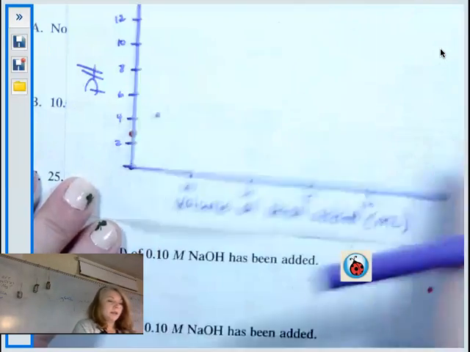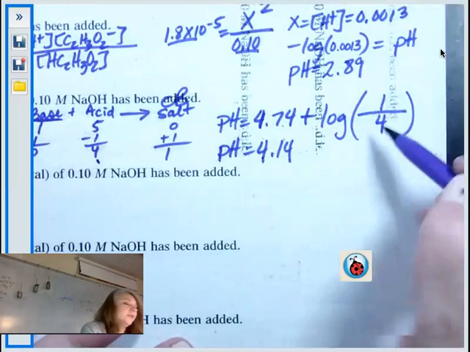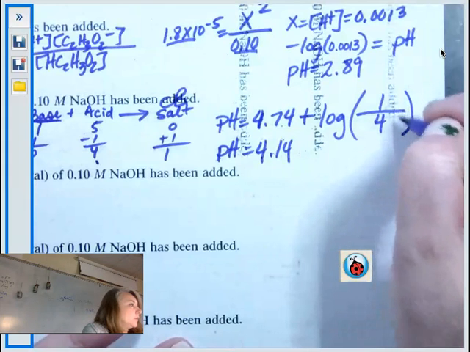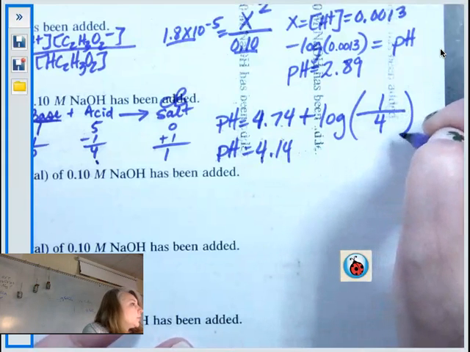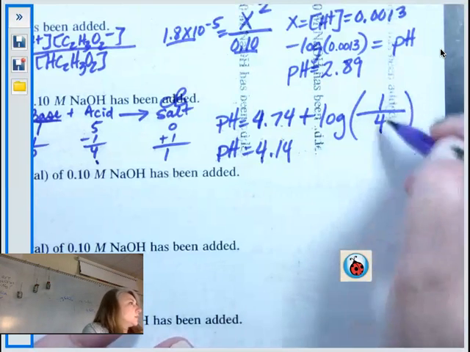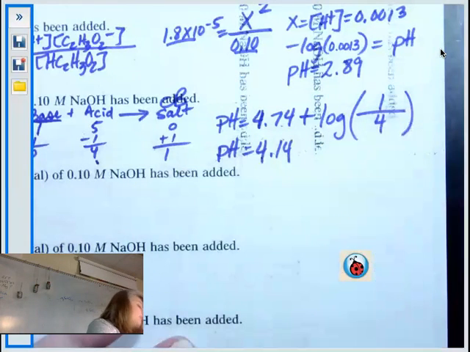You can do this as a shortcut. With the Henderson-Hasselbalch, it could be molarity over molarity, which would cancel out, or you can put moles over moles or millimoles over millimoles. Either way, we'll save ourselves some time. On the graph, that's not total. That's how much is added.